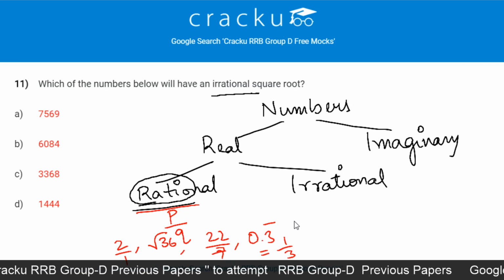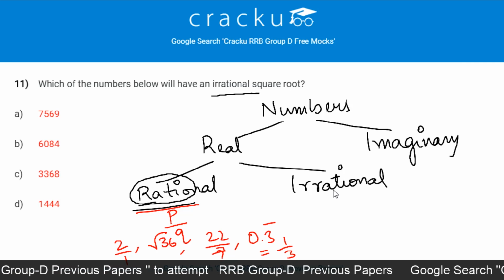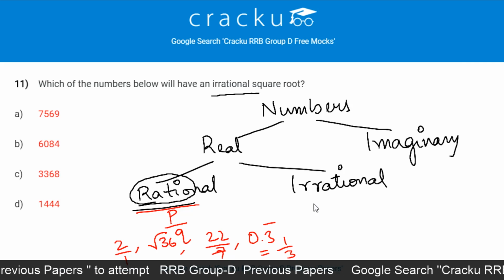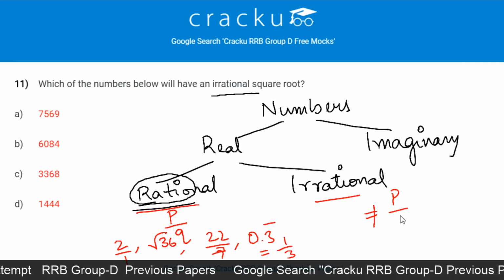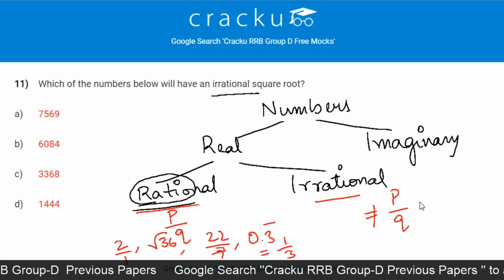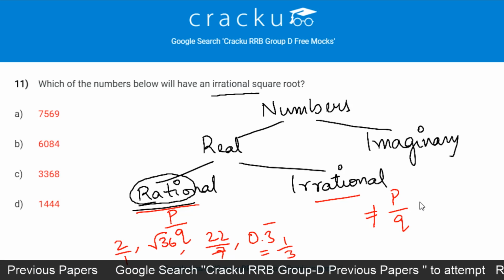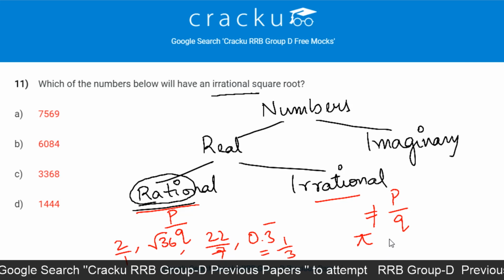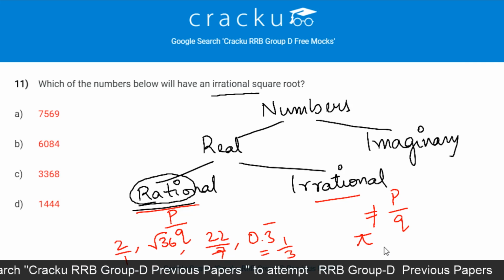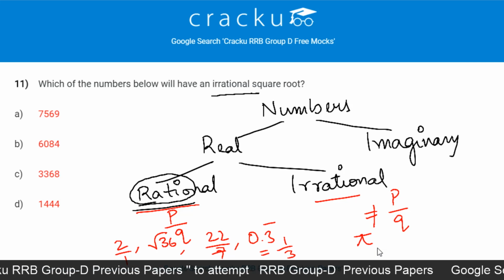Then what about irrational numbers? Numbers which cannot be expressed in the form of ratios. That means which cannot be expressed in the form of P by Q are called irrational numbers. Some of the irrational numbers are pi. The value of pi is 3.14 and so on.